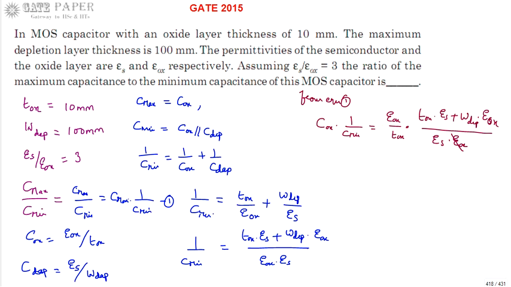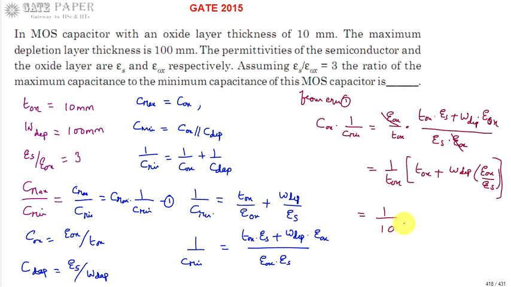Epsilon OX cancels. If you take epsilon S common from the numerator, that epsilon S and this epsilon S cancel, and you can write it as 1 by TOX times TOX plus W depletion into epsilon OX by epsilon S.